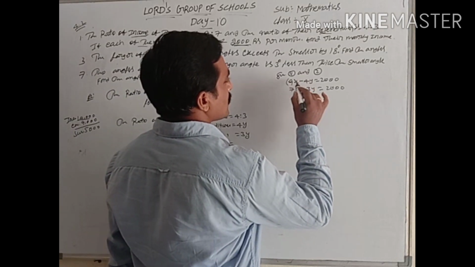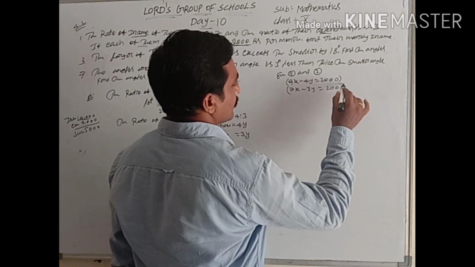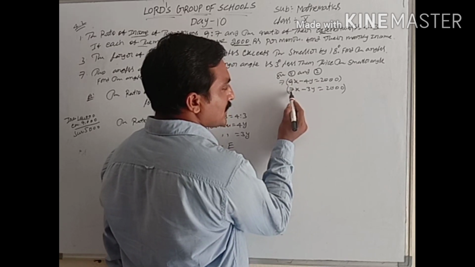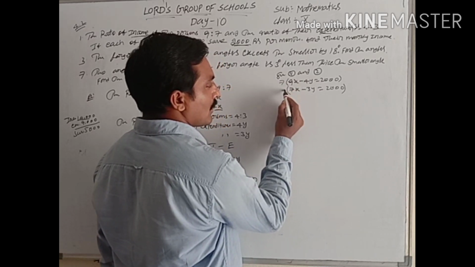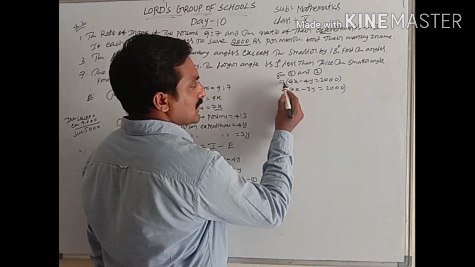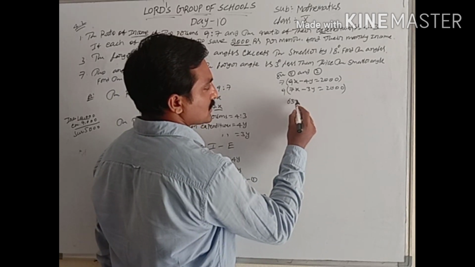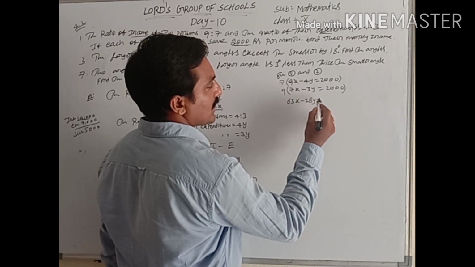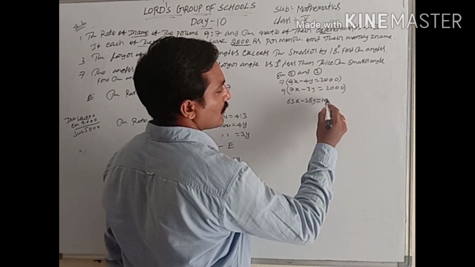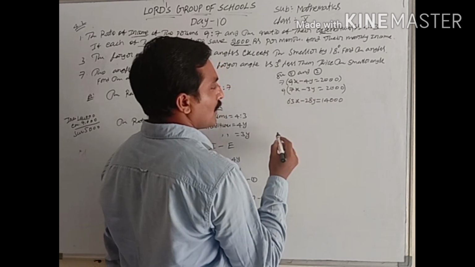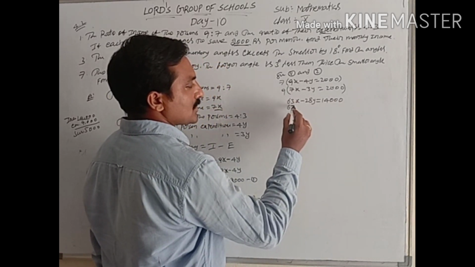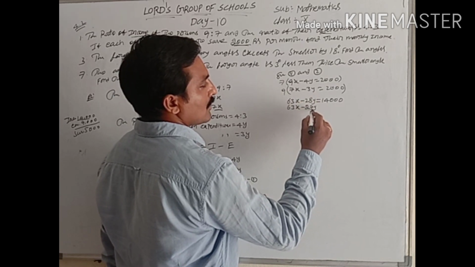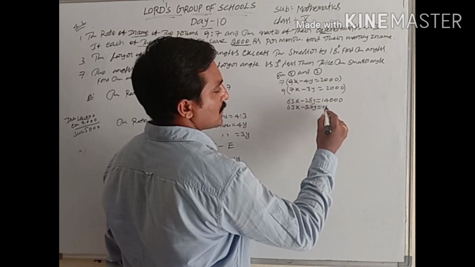So I will multiply the first equation by 7. Here I selected the x coefficient, so you also select the x coefficient 9 for the other. 7 9s are 63x, 7 4s are 28y, is equal to 7 2s are 14,000. Next, 9 7s are 63x, 9 3s are 27y, is equal to 9 2s are 18,000.